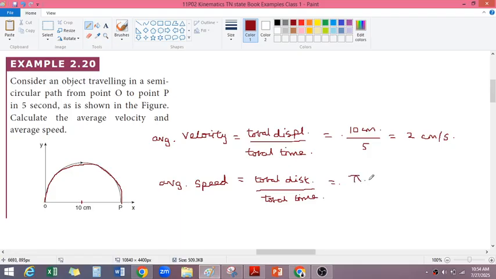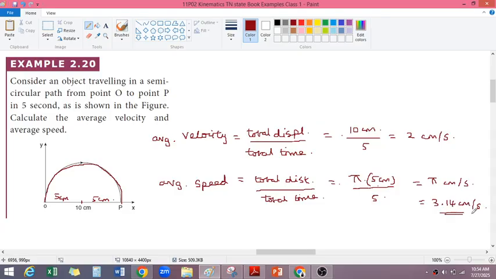R is 5 centimeter, I think. If this is 10 centimeter, this has to be 5 centimeter. Divided by 5 seconds. So 5 cancels, so we'll get pi centimeter per second. Yes, 3.14 centimeter per second.